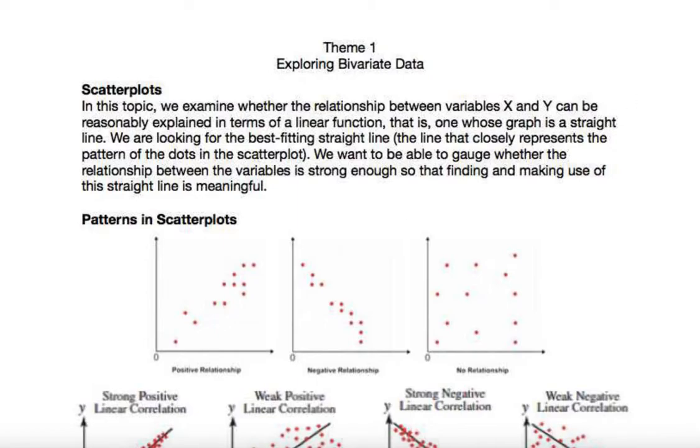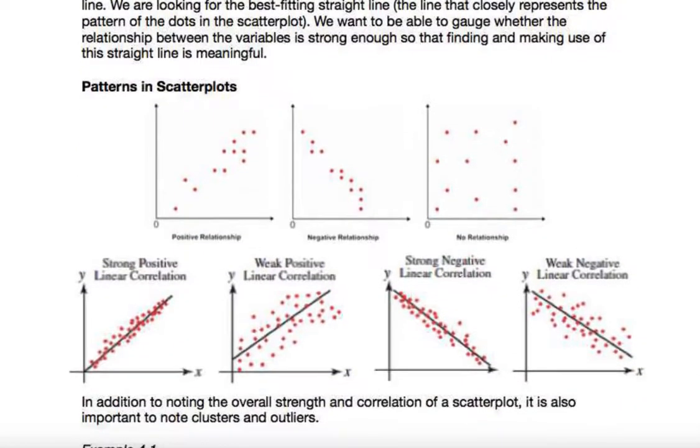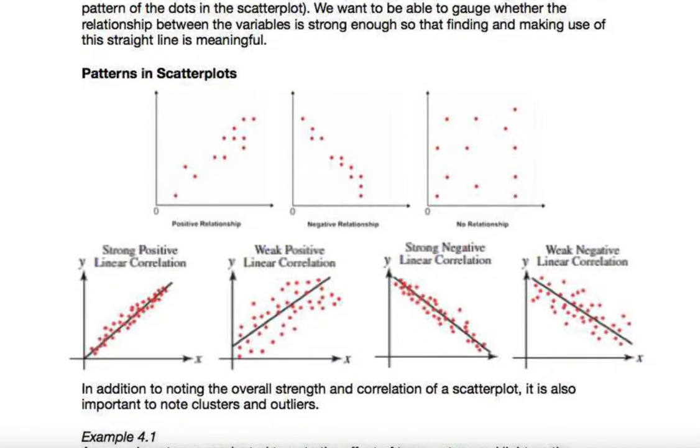So the first thing we're going to do with looking at scatter plots is we're going to talk about some general patterns that you might see. So a positive relationship is going to be a scatter plot that has a very obvious positive slope. So you're going to have to think back to the stuff that you learned early on in your high school math career. When we talk about slope, you've got two types of slope that you really see.